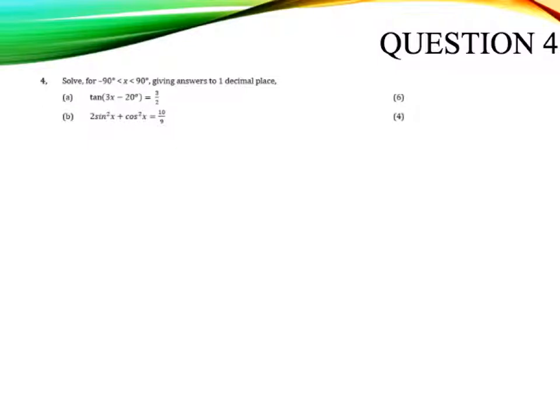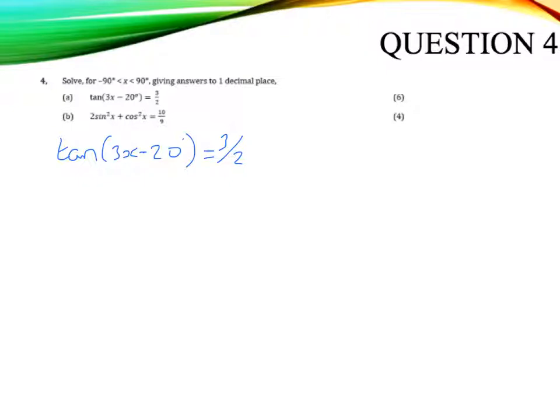Part A is talking about tan of 3x minus 20 degrees equals 3 over 2. Now what I would be tempted to do is not worry about the 3x minus 20 too much. What I'm particularly interested in is working out what tan of something is that gives me 3 over 2.